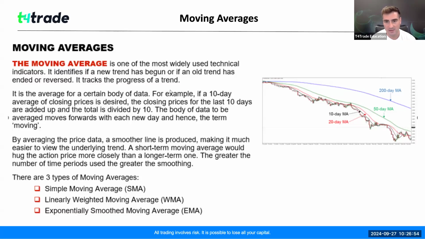And if you can see this chart on the right hand side of the slide, you have 4 different parameter moving averages. You can see the 200-day average, the 50-day, the 20, and the 10. And what you observe here is that all 4 lines are heading where?